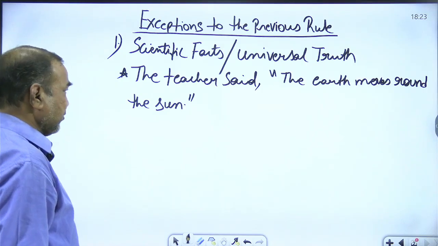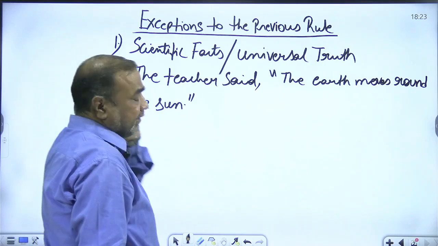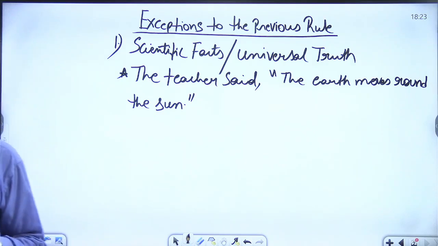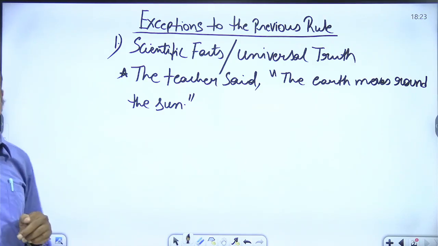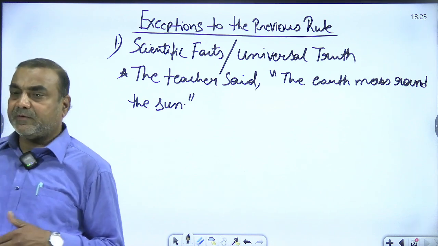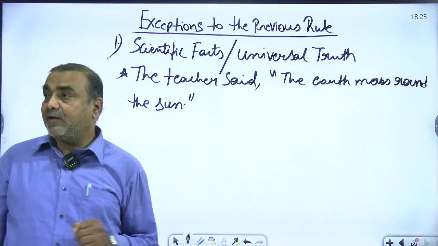The teacher said the earth moves round the sun. So this is your scientific fact explained by the teacher. Scientifically proven fact that the earth moves round the sun. पृथ्वी सूरज के चक्कर लगाती है. ये scientific fact है. तो ये so it will never change.